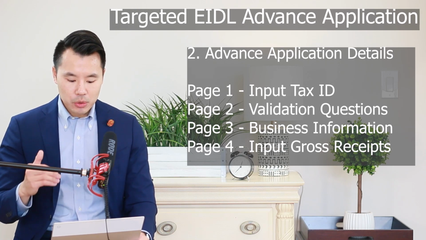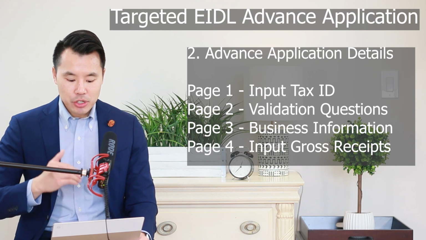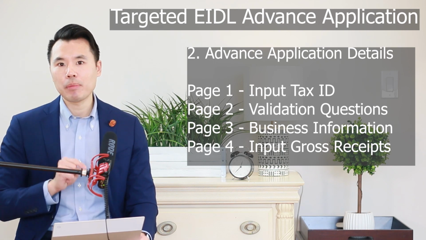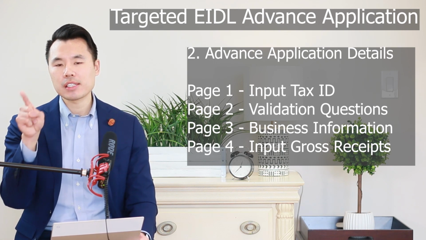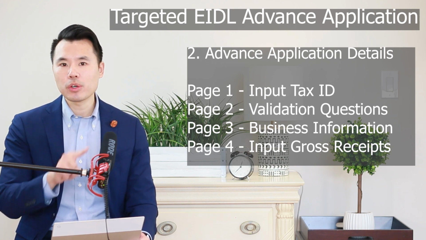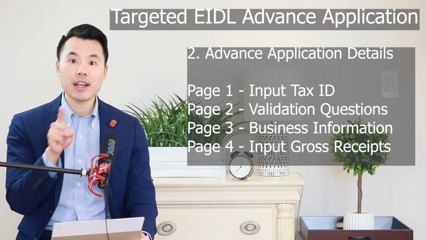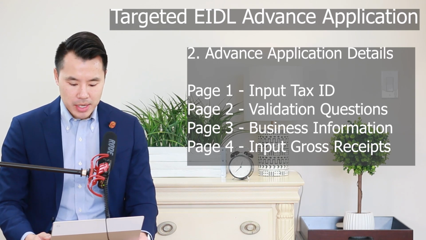You're going to have to go through and confirm if that information is still accurate, and you can make any changes to it. There's going to be a little edit button per line, to see if, let's say, your business actually moved locations or there was a change in terms of the ownership. You can change it on this third page, this third screen. So go ahead and edit that and update it with the most current information.